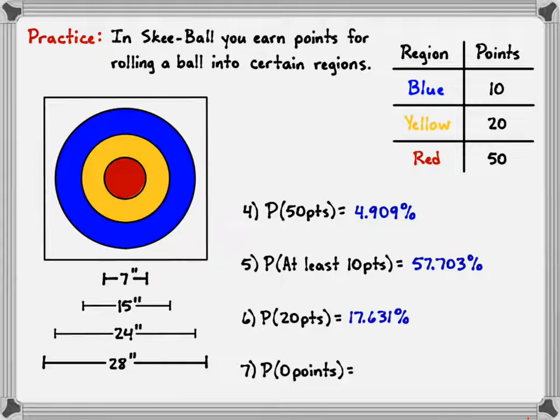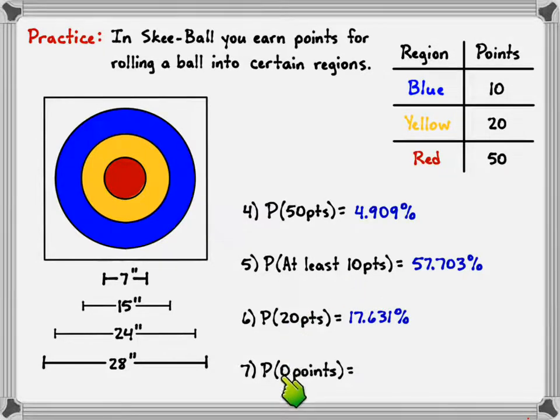But another option is to look back on number 5. In number 5, it says, what's the probability of getting at least 10 points? Well, if you got at least 10 points, that means you scored, because there's no other option. So the only other option, if you didn't score at least 10 points, that means you scored 0 points.